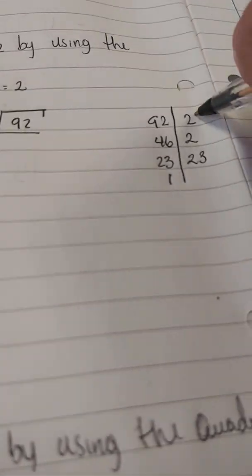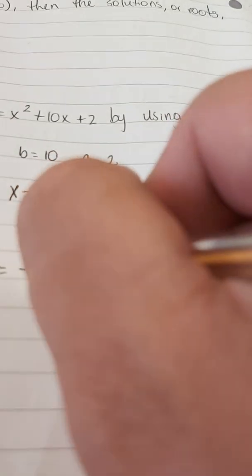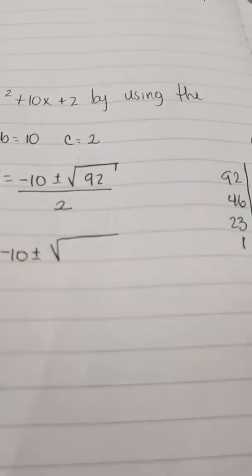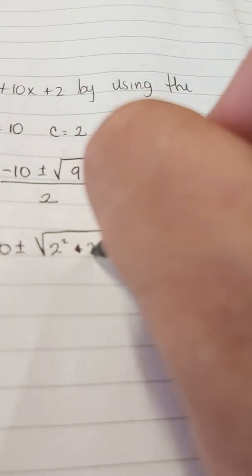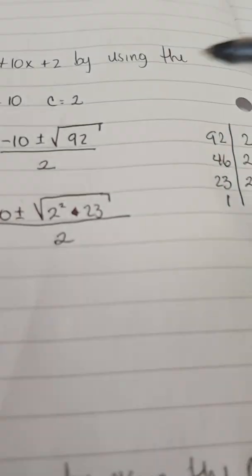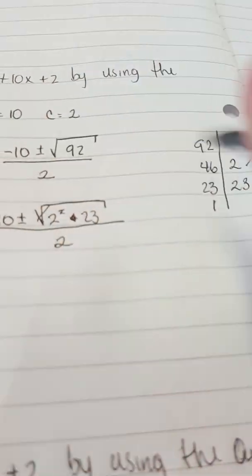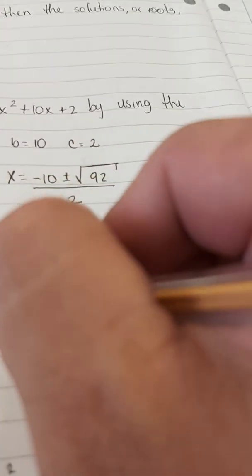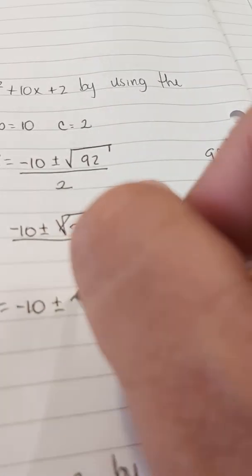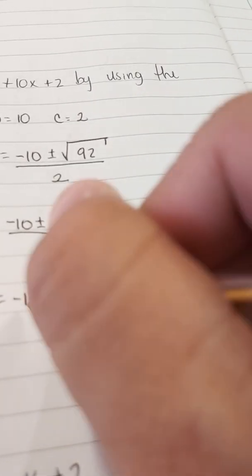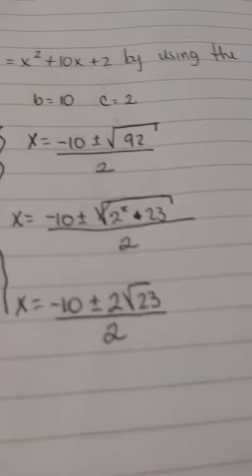So that means we're going to take out, x equals negative 10 plus minus square root of 2 squared times 23, over 2. We take out the 2, so we get that x equals negative 10 plus minus 2 square root of 23 divided by 2.